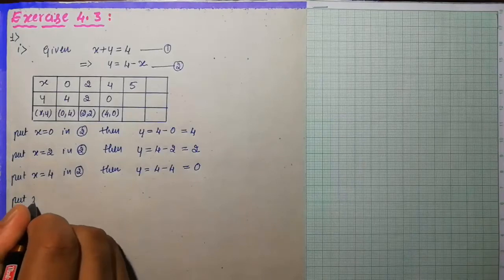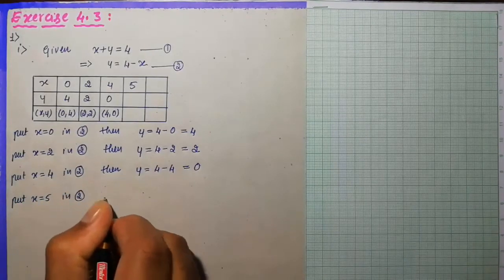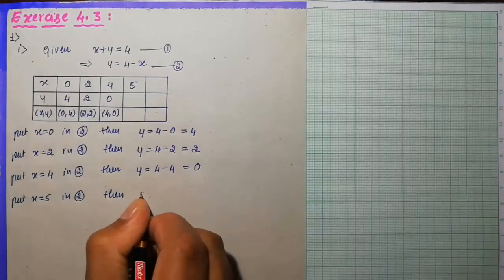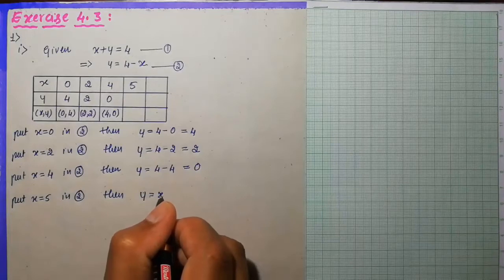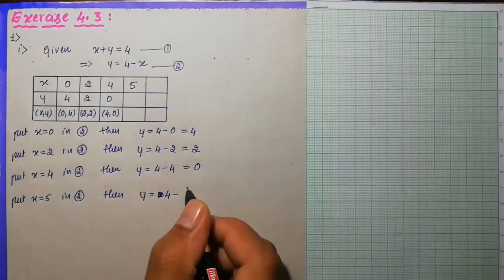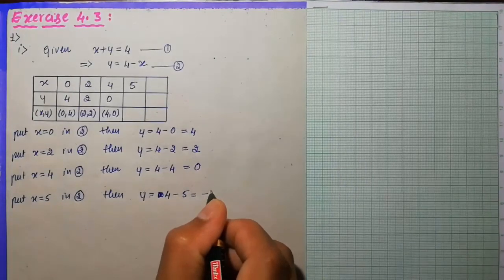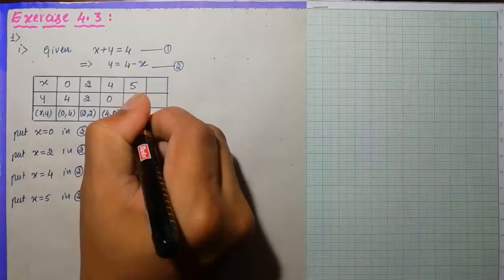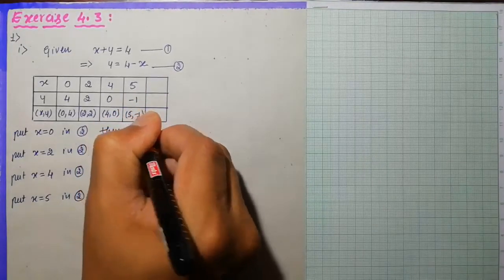Put x is equal to 5 in 2, then y is equal to 4 minus x. I'm going to put x is equal to 5, it will become minus 1. So when x is equal to 5, y is minus 1.